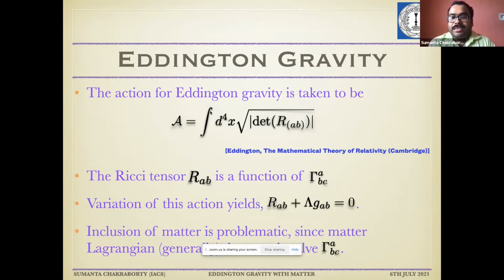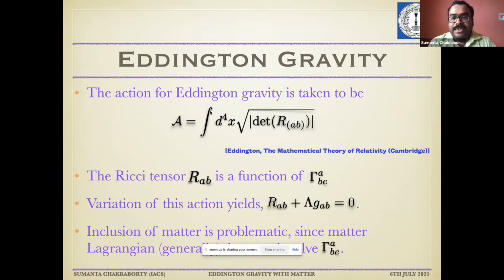But unlike general relativity or the Einstein-Hilbert action, this action is a function of g only through the gammas. So what Eddington did, or the Eddington gravity proposal effectively is to consider this Ricci tensor as a function of gamma alone, with absolutely no reference to the metric whatsoever.